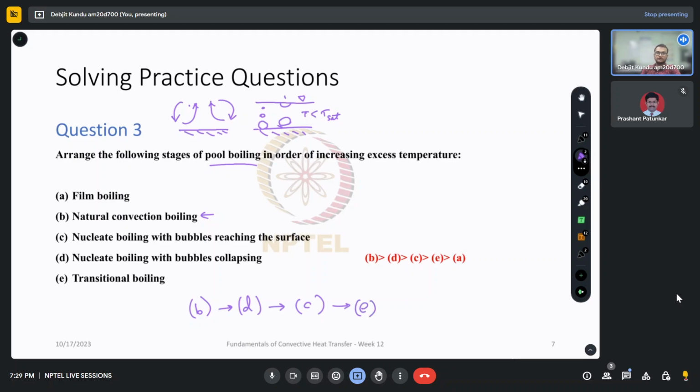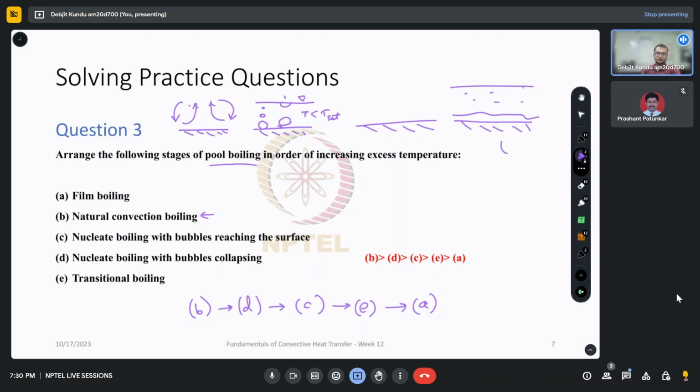In transitional boiling, this is basically an in-between case between nucleate boiling and film boiling, which is the final case. In film boiling, there is a continuous film of vapor below the liquid surface.